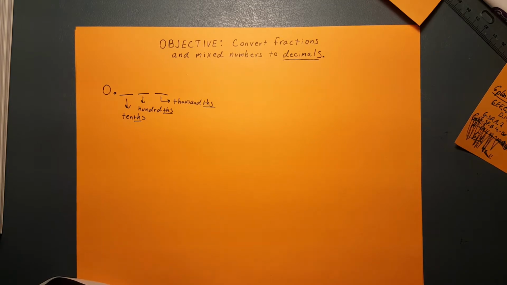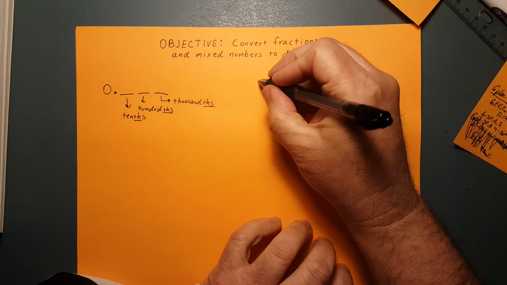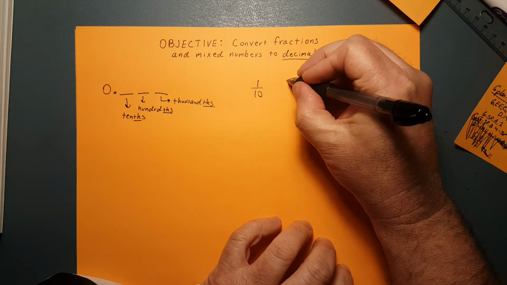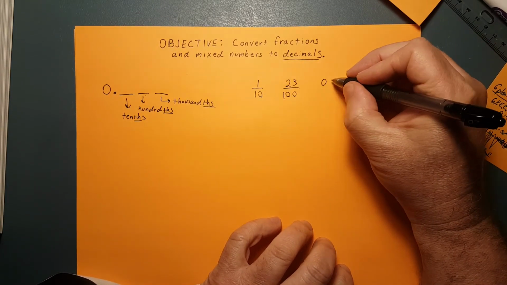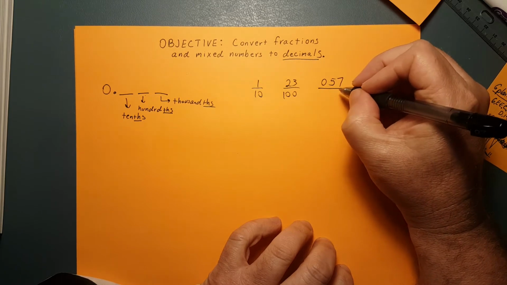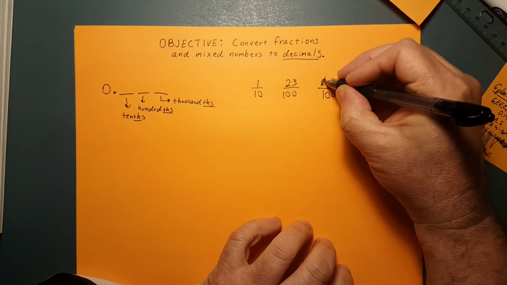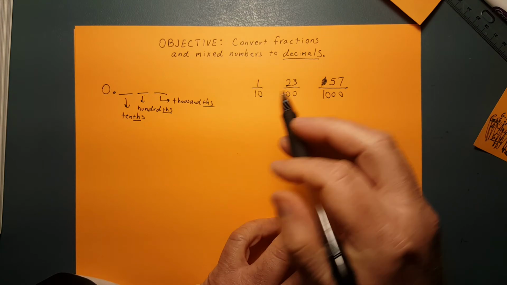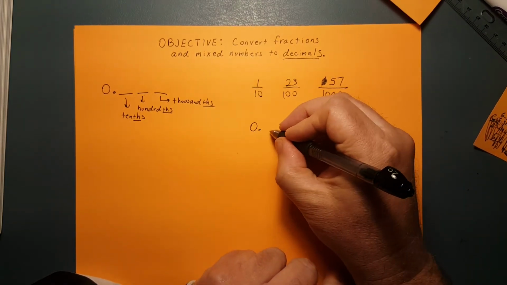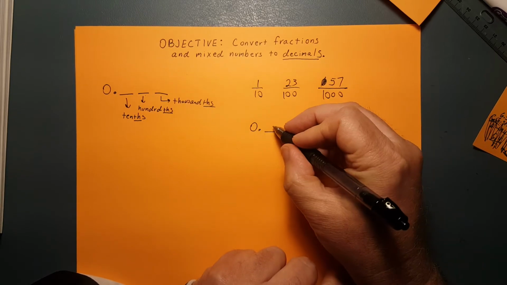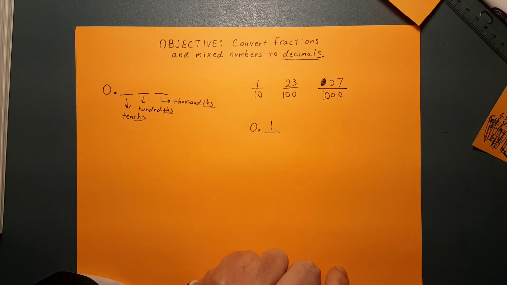So this is really important to know because we're going to take fractions that are in tenths or hundredths or thousandths and convert them into decimals, all right? So 1/10, we need a 1 in the tenths place. That there is 1/10.